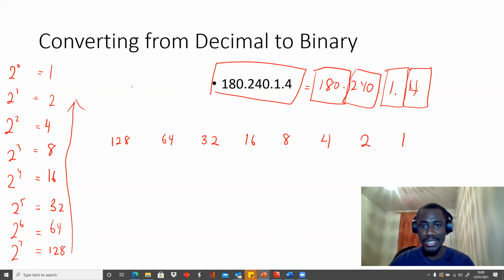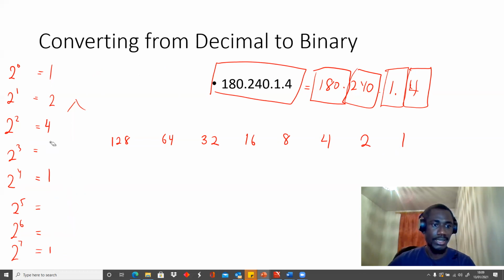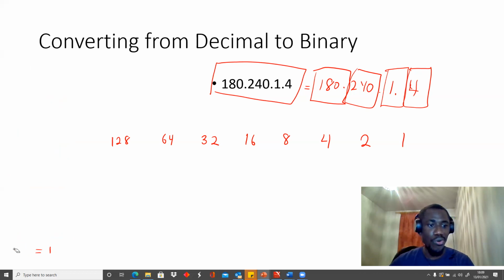What we're going to do now is translate a particular number into binary. So let's say we want to translate 180 into binary. This is a very good exercise, and I promise you, you're going to get this. Everything we've done so far is just so you know that each IP address can be split into 4 numbers.